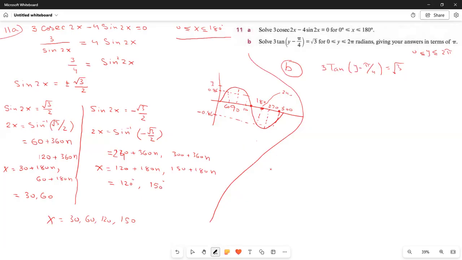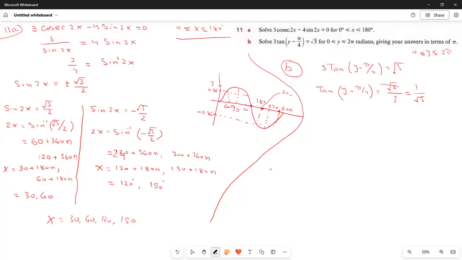So you can see if I take 3 on the other side, it will become tangent of (y minus pi by 4), and this bracket is important, I hope you know this, equals root 3 divided by 3. And this will become 1 over root 3.